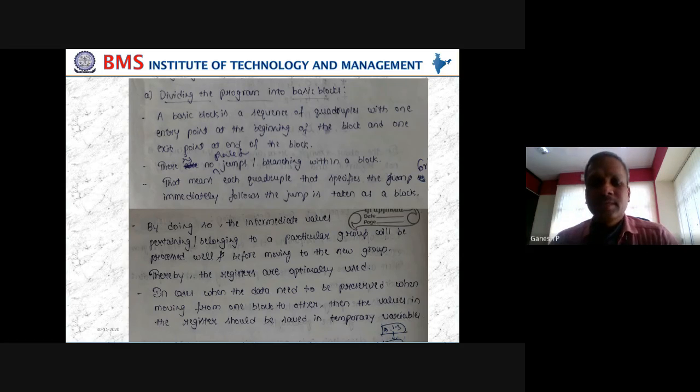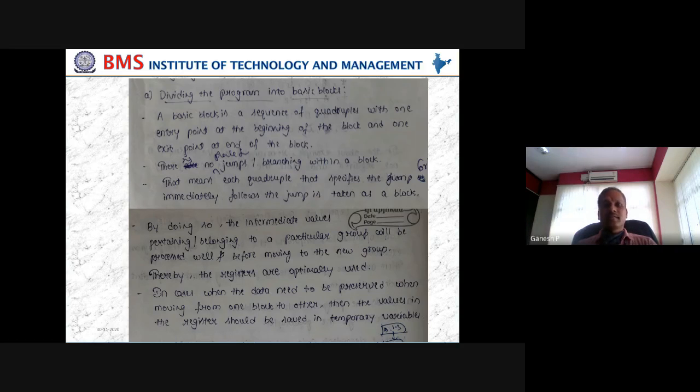In other words, can I make use of the registers of a processor in a big way, so that I can reduce the time taken for program execution, thereby bringing an efficient or optimized program. So that is the perception with which we will be looking at this now.